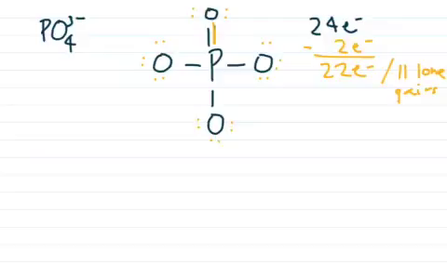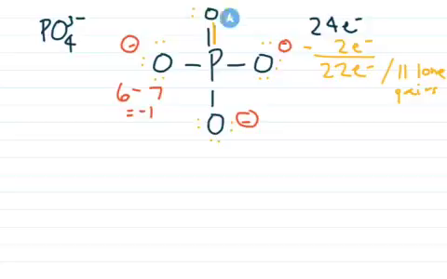So oxygen, again, needs 6 valence electrons, but this oxygen here has 7, so it gives us a -1 charge. This oxygen and this oxygen are similar in structure to this oxygen, so they also have a -1 charge. But this oxygen here has a different structure due to the double bond. So let's count what its formal charge is.